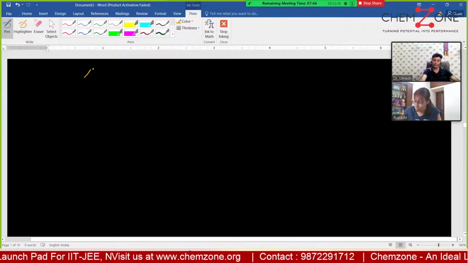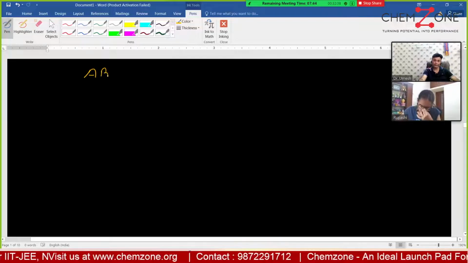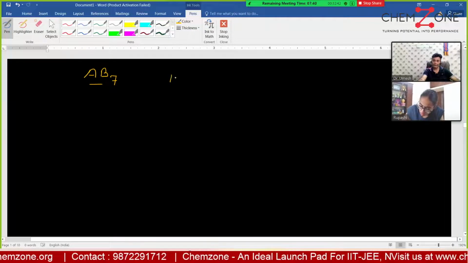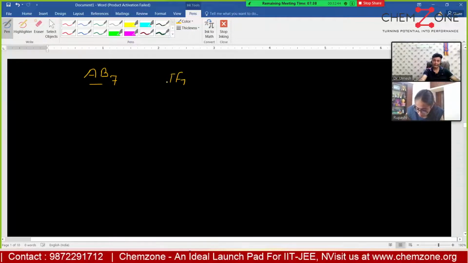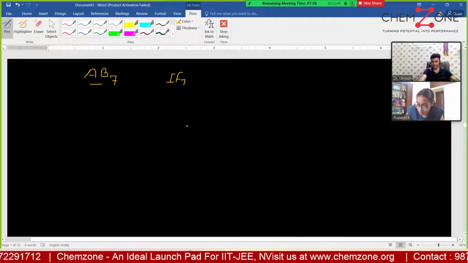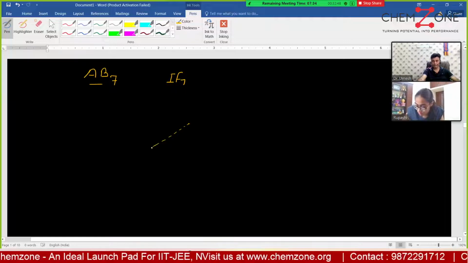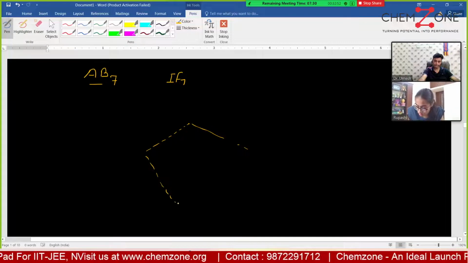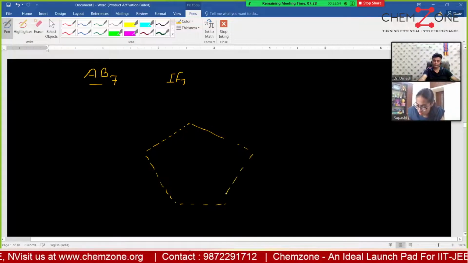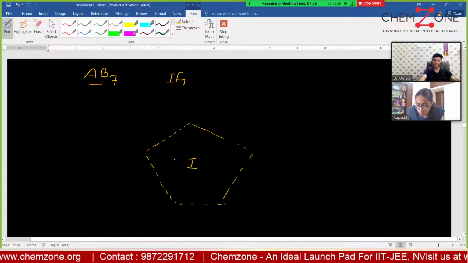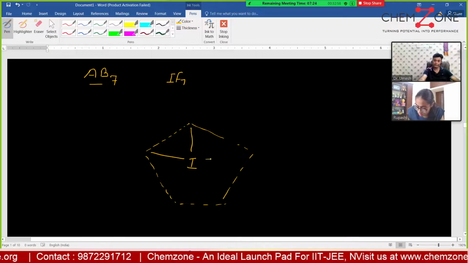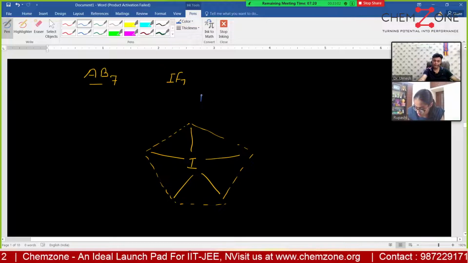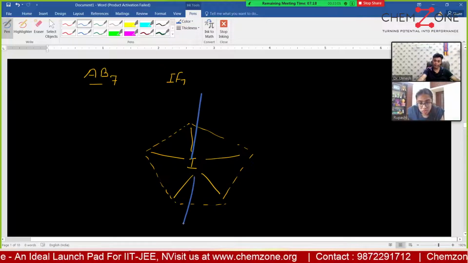Now, next is an AB7 type of molecule. Like we have IF7, iodine heptafluoride. Make a pentagon in one plane. Iodine in the center. One fluorine up and one fluorine down.